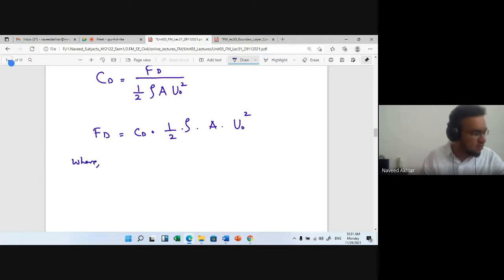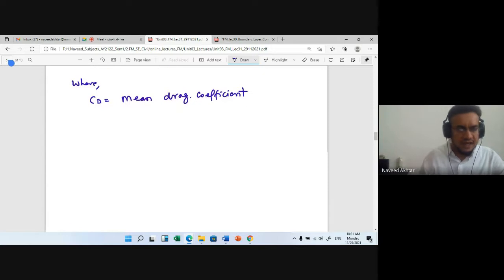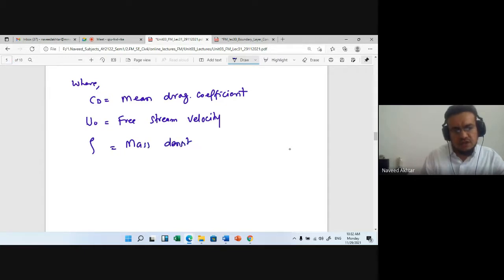Where we know that CD is the mean drag coefficient, and U0 is the free stream velocity. Rho is the mass density of fluid.